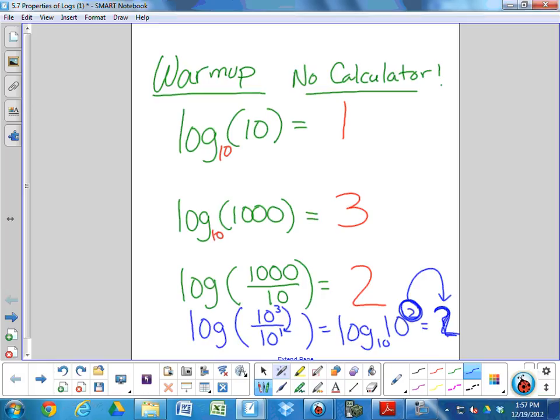Well, isn't that the same as the 2 coming out front and multiplying by log of 10 base 10? The log of 10 base 10 is 1. And what's 1 times 2? 2.